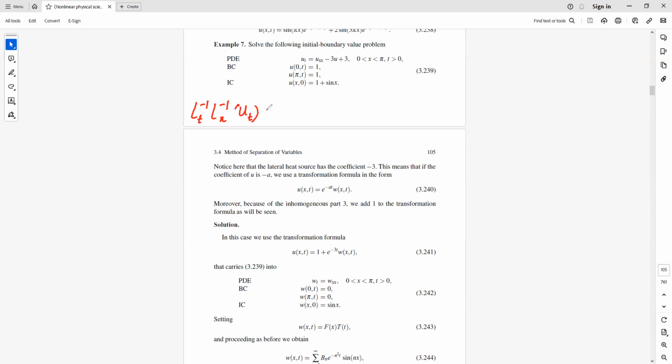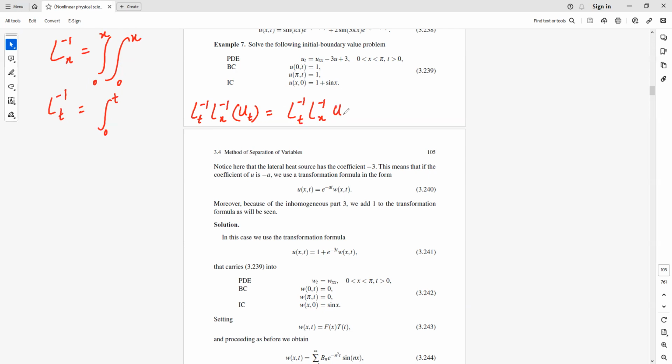So let us start with applying the inverse operators, that is LT inverse and LX inverse, on both sides, since the differential equation is linear and contains the first order partial derivative with respect to t and second order partial derivative with respect to x. The LX inverse operator is the iterated integral from 0 to x, and the LT inverse operator is just a single integral from 0 to t.